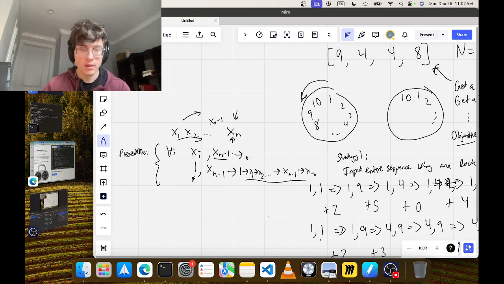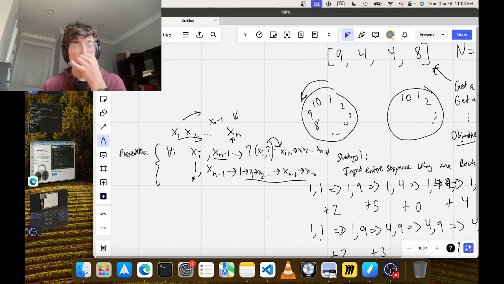So what does this mean? We don't know what sequence of moves we did, but we finally got to xi and then something else. After this, we were able to move this question mark to xi plus 1, then xi plus 2, dot dot dot, to xn minus 1.